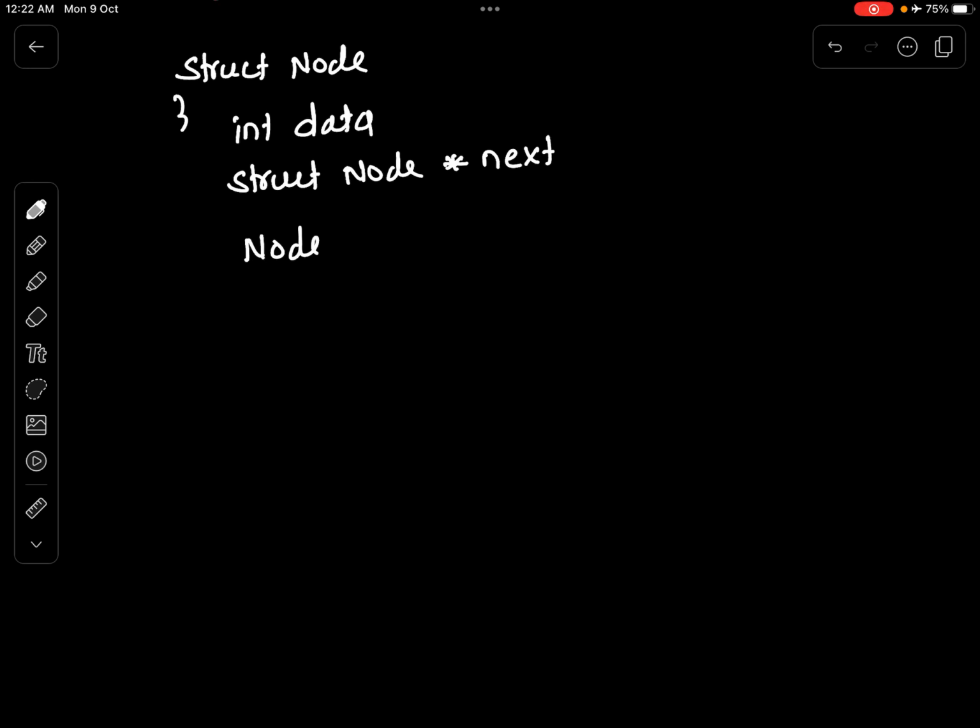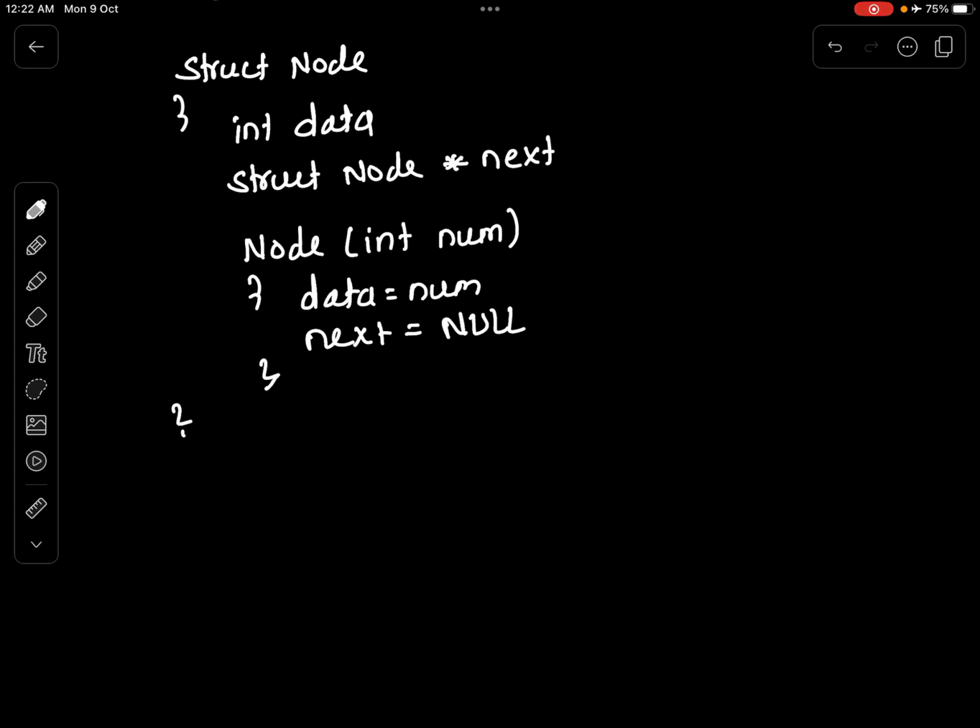Now I am defining the constructor as I showed you in the first video. So it will contain data equals num, and my next is equal to null. So this is the structure of a linked list. I hope you know this very well, and this is the most important part throughout the linked list chapter.